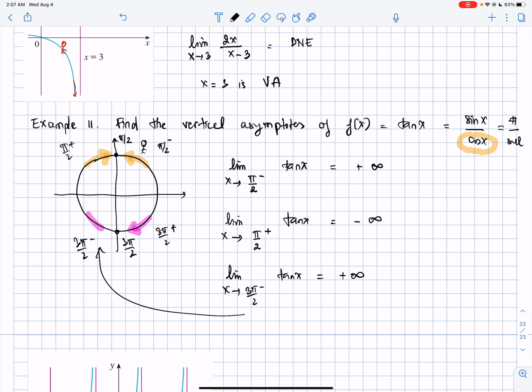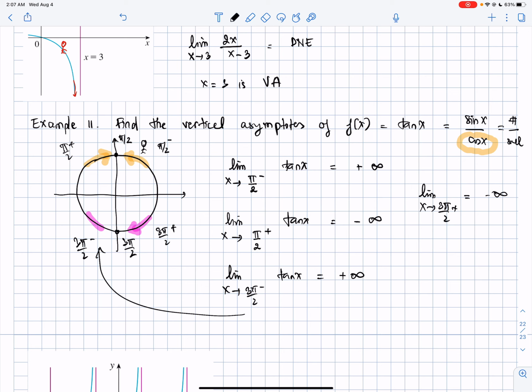Because the sine of x will be a number and the cosine of x will approach 0, it will be very small. So a number divided by a very small number, we get infinity when x approaches 3 pi over 2 on the left hand side. And for the limit of x going to 3 pi over 2 on the right hand side, notice that this is quadrant number 4, and with similar reasoning as before, we have negative infinity.